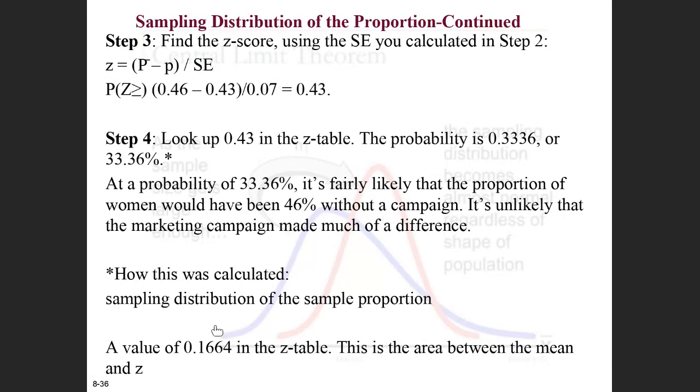Sampling distribution of the sample proportion, value of 0.1664 in the Z table. And this is the area between the mean and Z. And that's where you get 33.36%. Okay, any questions about this? No questions? Okay, good.